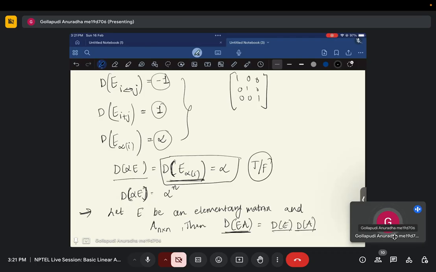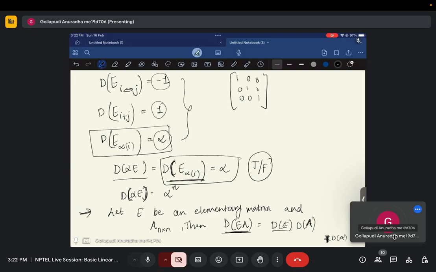For example, if I am having a matrix A here, and suppose I am interchanging the rows of it, then the determinant of the interchanged-rows matrix will be the negative of the determinant of A. And suppose I am multiplying a row of A with alpha, so I'll be getting alpha into determinant of A. Similarly, if I'm adding some rows, on adding rows the determinant won't change, right?